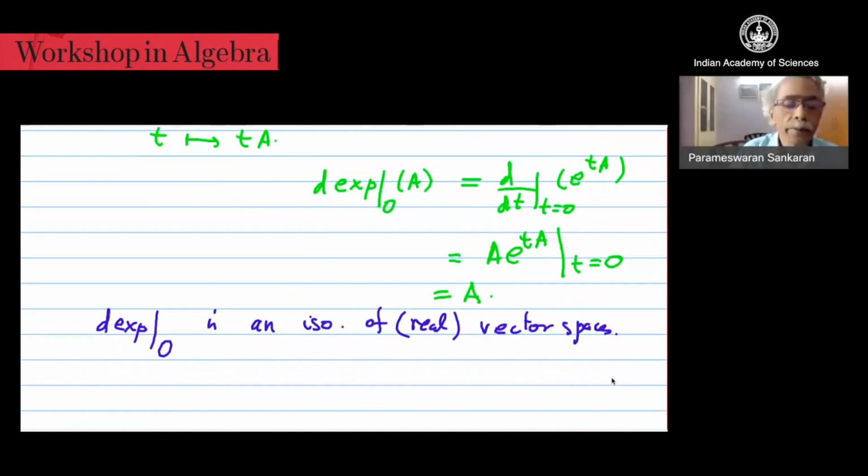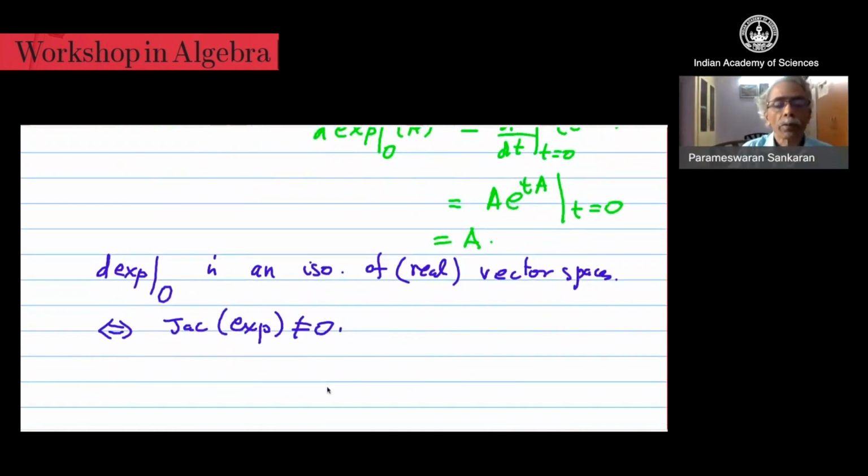This is equivalent to Jacobian of x not equal to 0, and that's all we need to show. So this implies exponential is a local diffeomorphism.